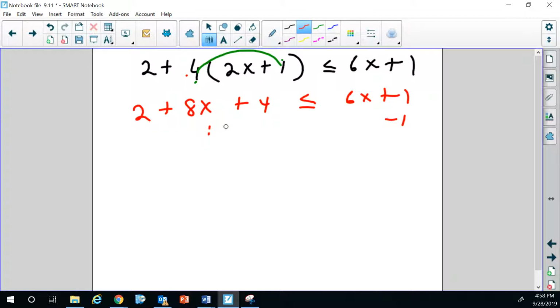Another mistake again I came across is they want to keep the x on one side, on the left side, so they're going to subtract the 6x. However, in the process, on the left side, they only write 6. They drop the x in the process.